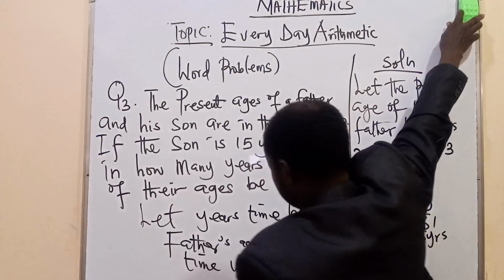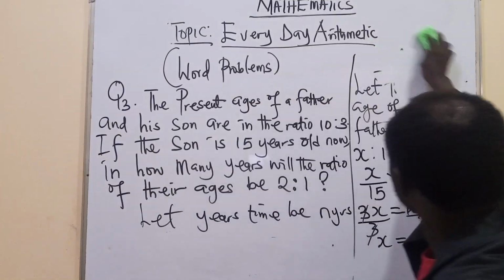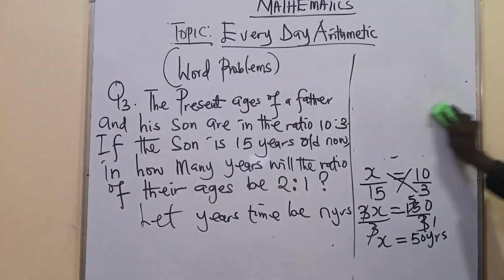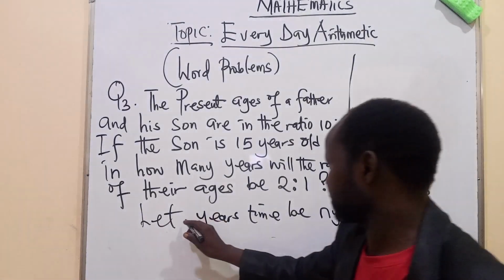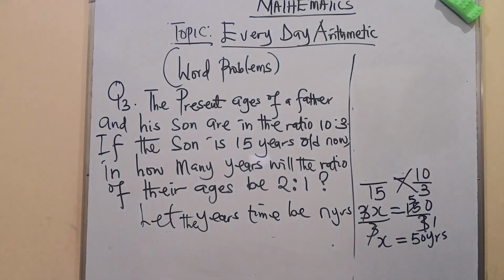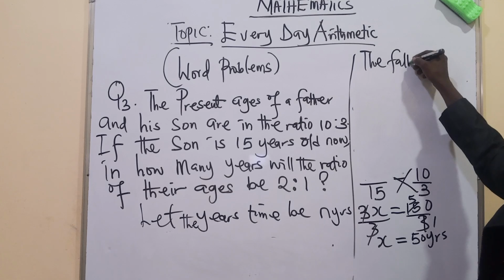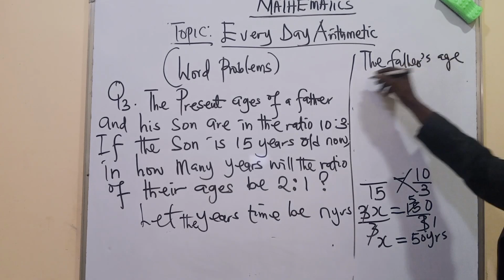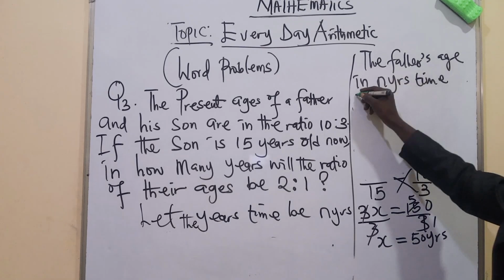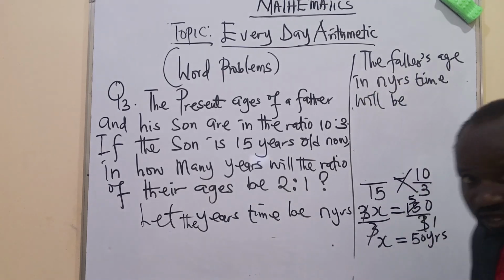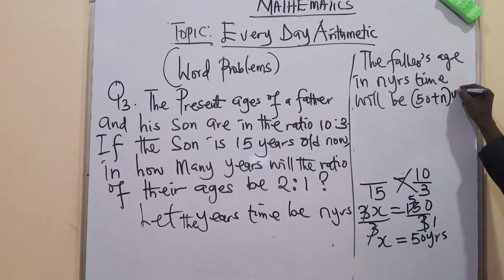Very important. Or let me take it up here so that we can see it clearly. And let me clean this assumption here. I said let the years time be n years. Then the father's age in n years time will be his present age, which is 50, plus n years time.